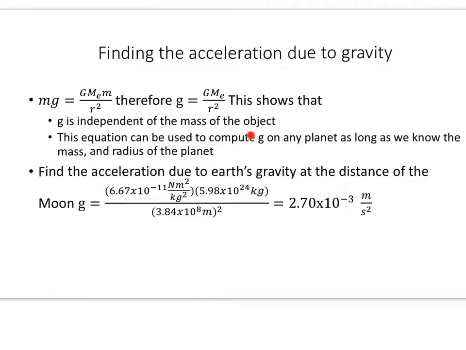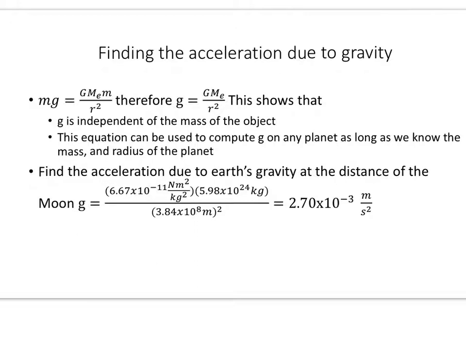We said that the acceleration due to gravity was independent of the mass of the object, and this shows why that is. Also, this equation can be used to compute g on any planet, just as long as we know the mass of the planet and the radius of the planet.